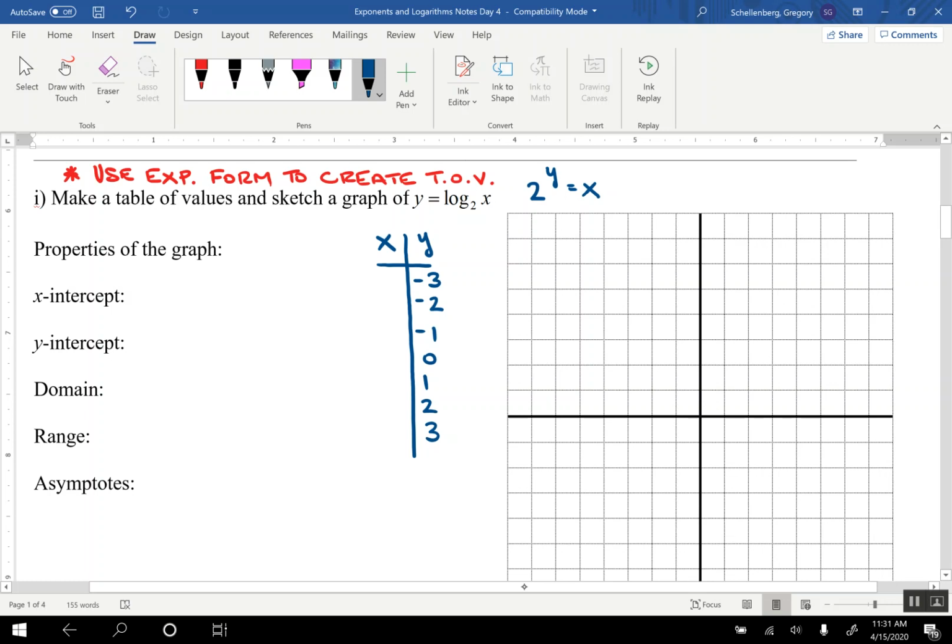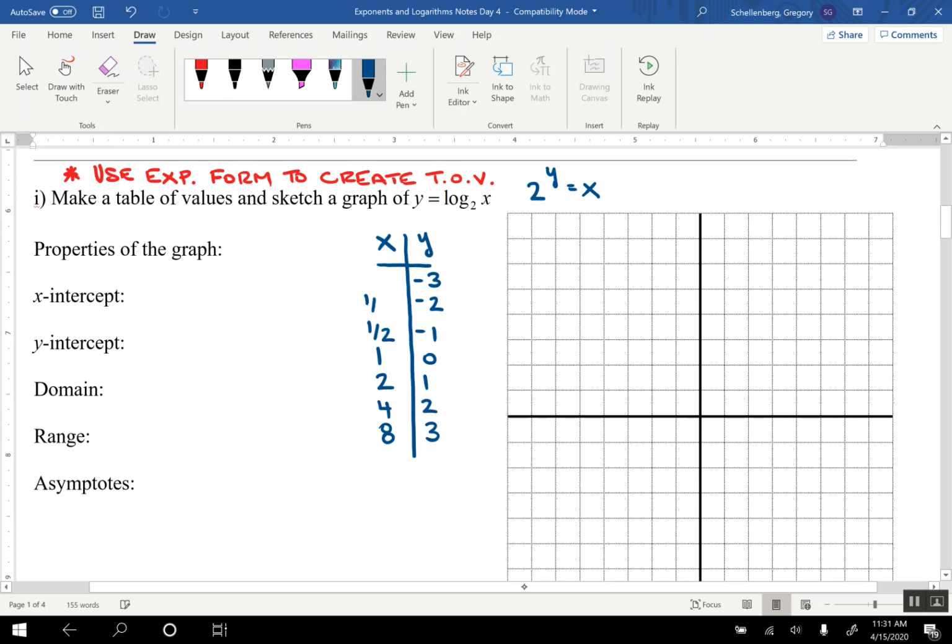Okay, so let's just start here. 2 to the power of 0 is 1. 2 to the power of 1 is 2. 2 squared is 4. 2 cubed is 8. And then just be wary of our negative exponents. So 2 to the power of -1, the negative exponent tells us to reciprocate the base. 2's reciprocal is 1 over 2. And then the exponent becomes positive, so this just becomes 1/2.